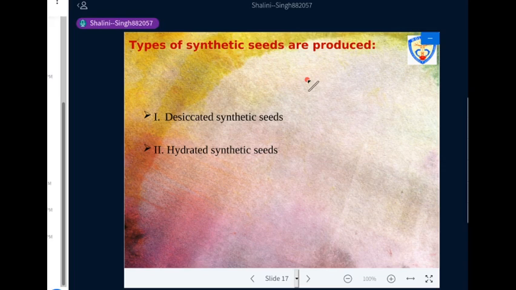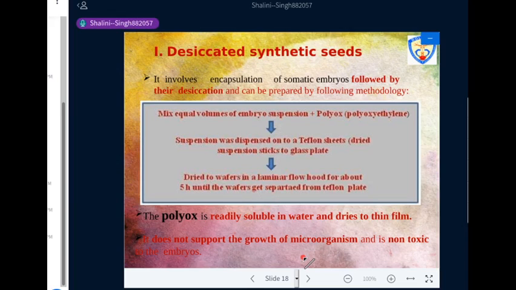There are two types of synthetic seeds. First are desiccated synthetic seeds and second are hydrated synthetic seeds. Desiccated synthetic seeds involve encapsulation of somatic embryos followed by their desiccation and can be prepared by first mixing equal volumes of embryo suspension and polyox. Then the suspension is dispensed on a Teflon sheet, and the dried suspension sticks to the glass plate.